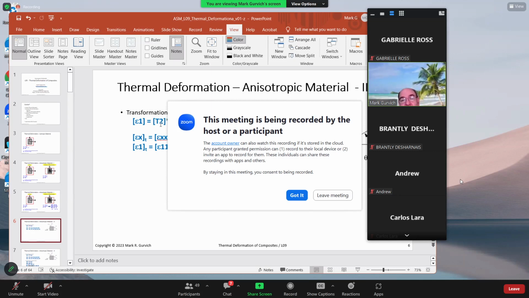Matrix T2 is the transformation matrix, which is a function of this angle theta. So matrix T2 is exactly the same matrix you use in stiffness analysis when you need to recalculate stiffness of anisotropic material from one coordinate system to another. So it's exactly the same matrix T2.